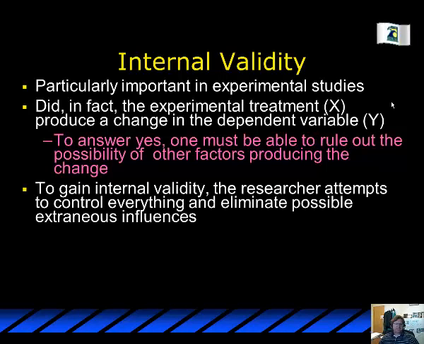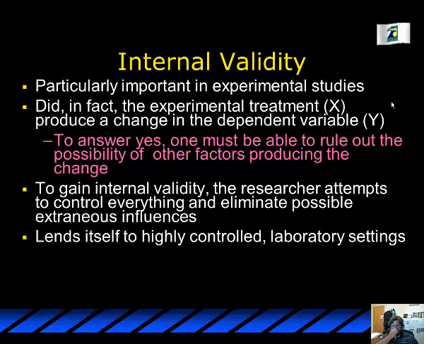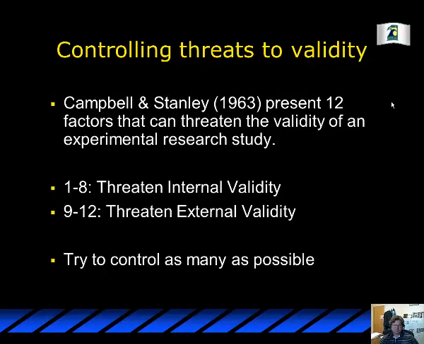To gain this internal validity, the researcher must attempt to control everything and eliminate possible extraneous influences. This in itself lends a lot of research to be conducted in highly controlled lab settings.